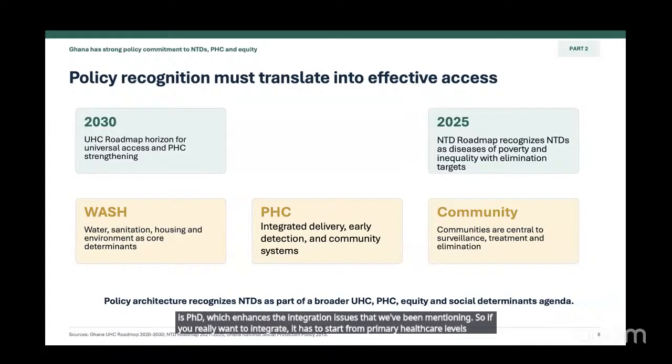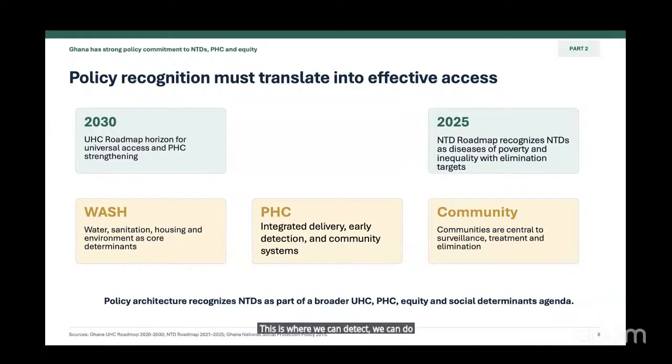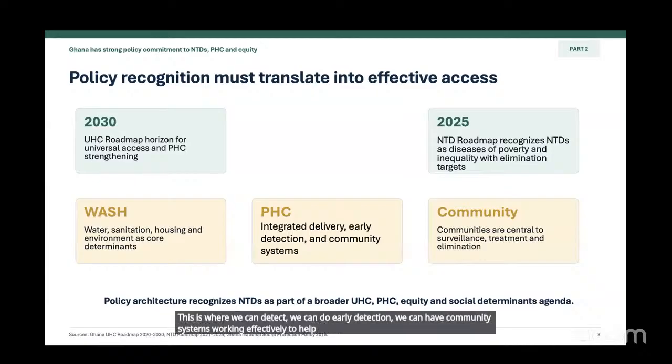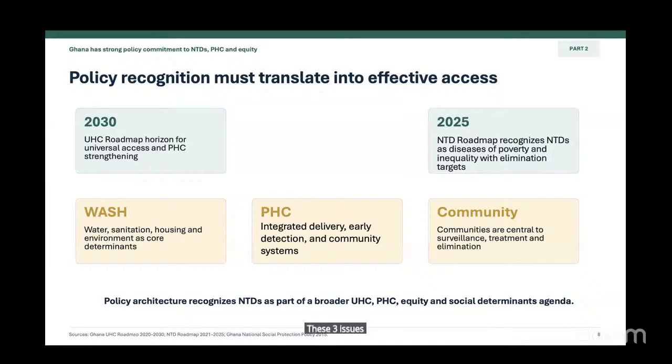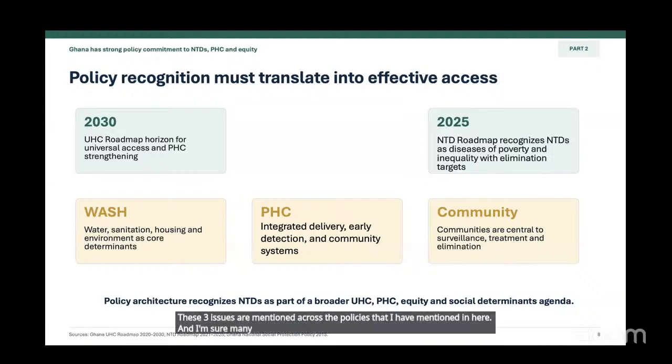This is where we can do early detection, we can have community systems working effectively to help us eliminate these disease conditions. And then the role of communities. The role of communities is central to surveillance and treatment. These three issues are mentioned across the two policies, and I'm sure many other policies that speak to health in the country would certainly have mentioned these three issues.